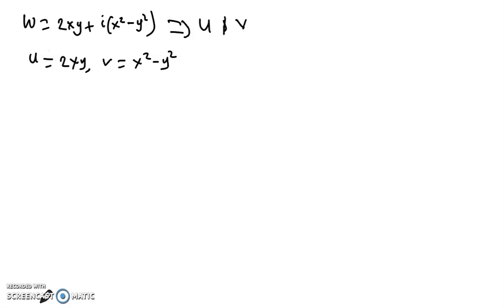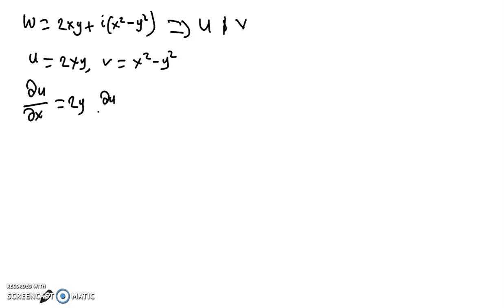So let's go ahead and differentiate this with respect to x. We want to do partial u partial x, that is dou u dou x. When you do dou u dou x, what you get here will be 2y. Of course, this is differentiation, and having done this, let's now do dou u dou y.